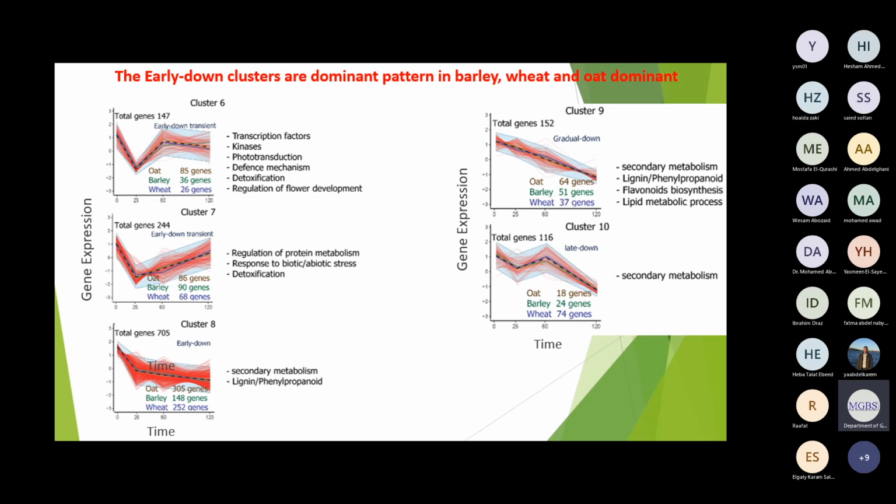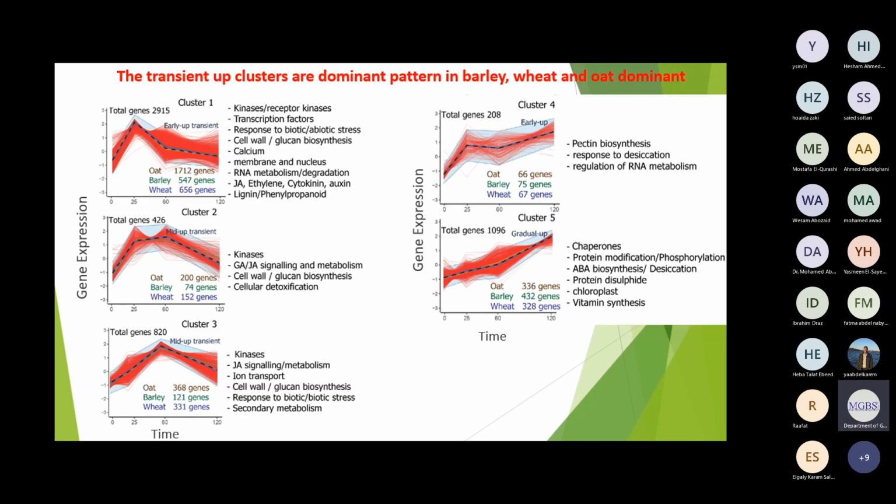And interestingly, I forgot to say here that when we checked what the genes in this pattern do, we found that they really represent the components and main genes in the touch signaling pathway.